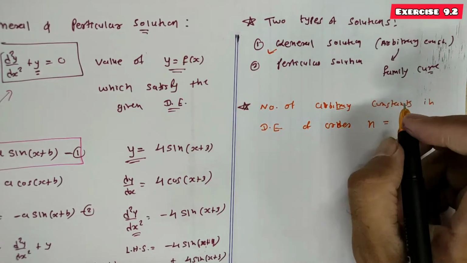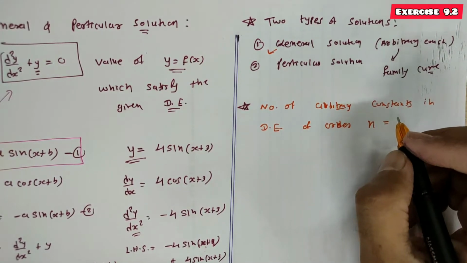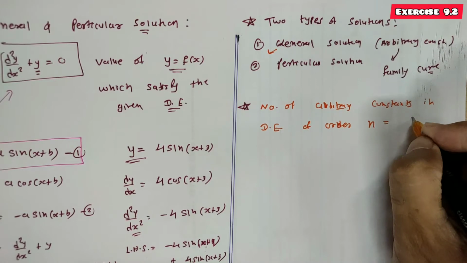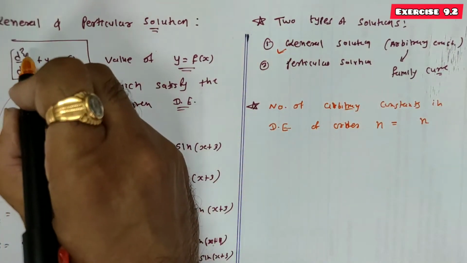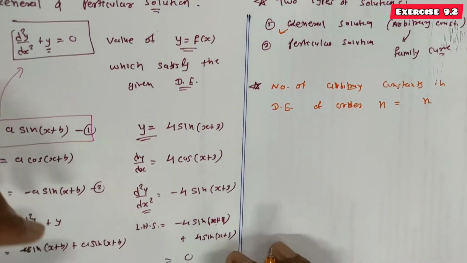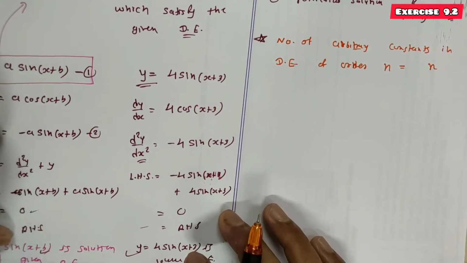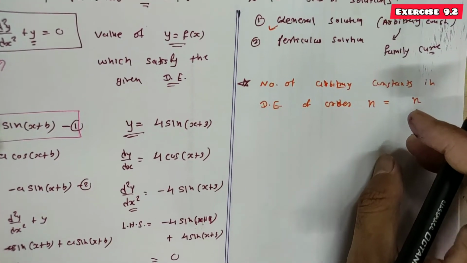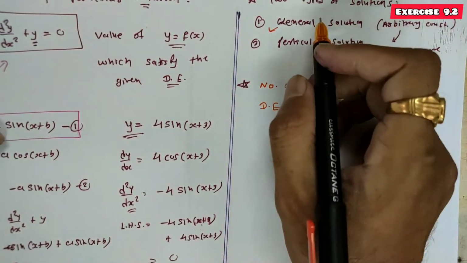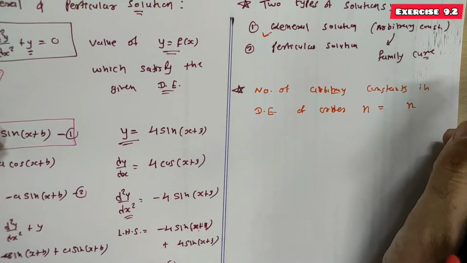If the order of the differential equation is n, then the number of arbitrary constants in that given equation will always be n. If the order of the differential equation is 2, the number of arbitrary constants is 2, a and b. Done. If the order of the differential equation is 1, then the number of arbitrary constants in the general solution will be 1.